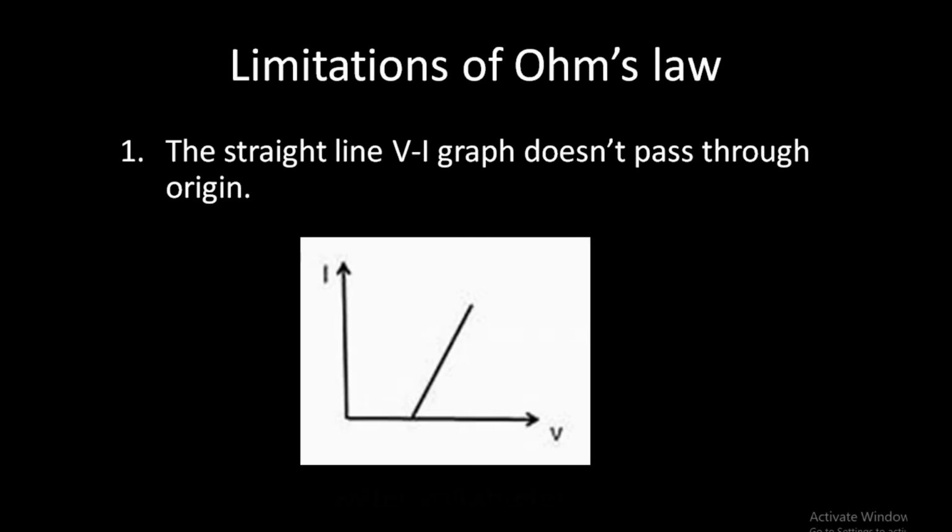But in a water voltameter, the VI graph does not pass through the origin, because of the liberation of hydrogen at the cathode and oxygen at the anode, and now the back EMF is introduced. Then no current flows through the voltameter until the applied potential difference exceeds the back EMF.